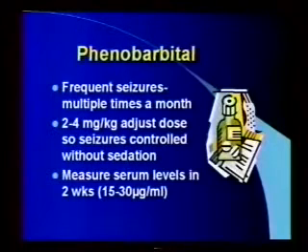You can start out low and work up, 2 to 4 milligrams per kilogram. What we're trying to do is find some dose in that range that controls the seizures but has minimal side effects. And one of the biggest side effects that we have is sedation.